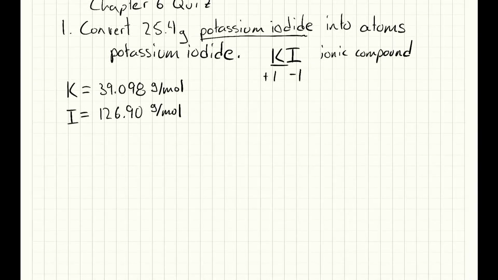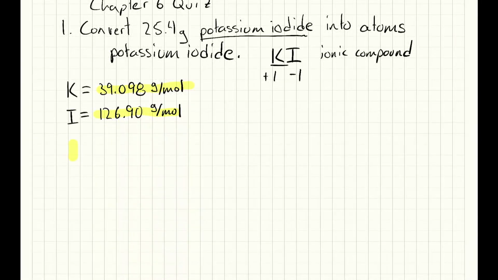And then we want to calculate the molecular weight, or the molecular mass, for potassium iodide. I've already gone ahead and looked up the molecular masses for the individual atoms. For potassium, it's 39.098, plus 126.90.